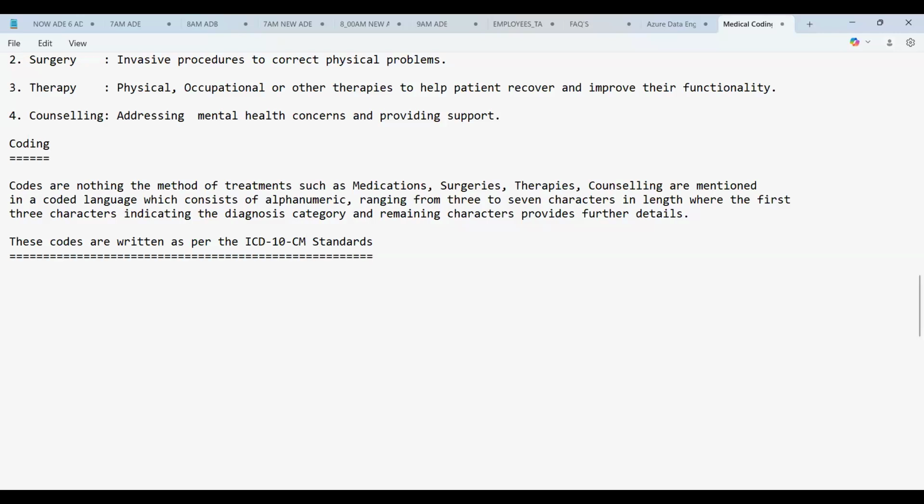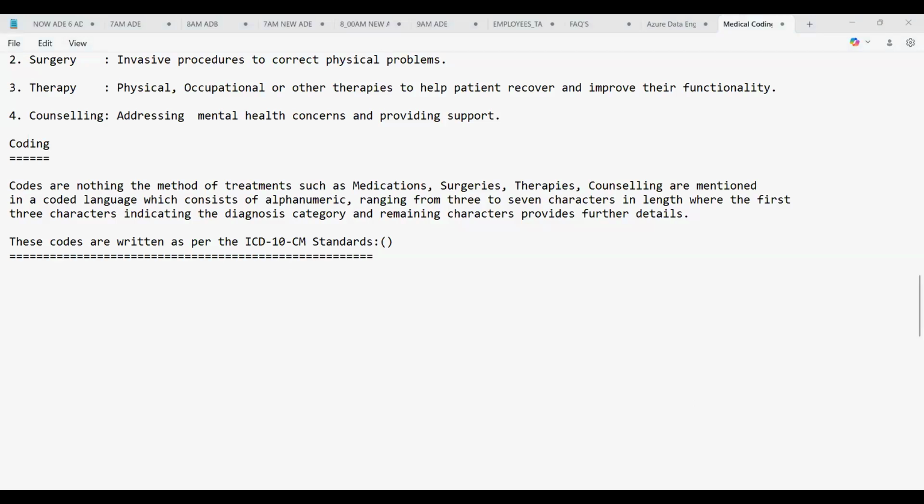So already yesterday we have seen what ICD is. What does ICD stand for, guys?